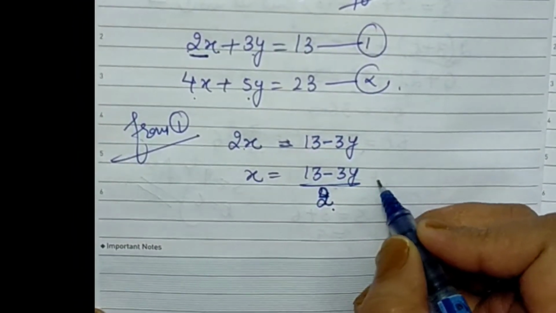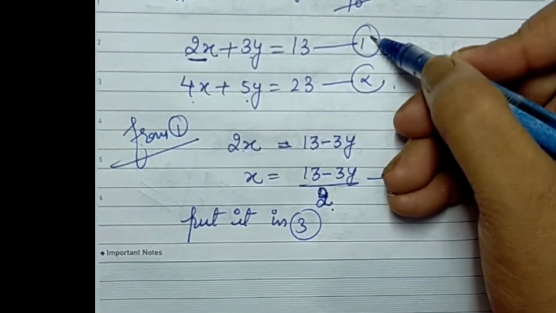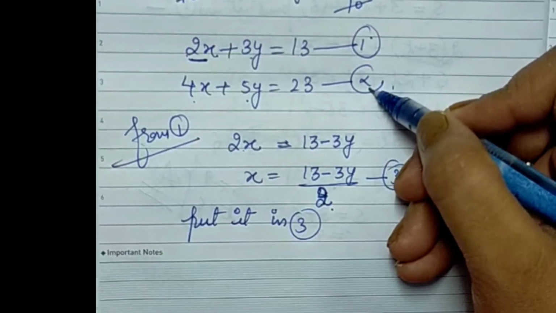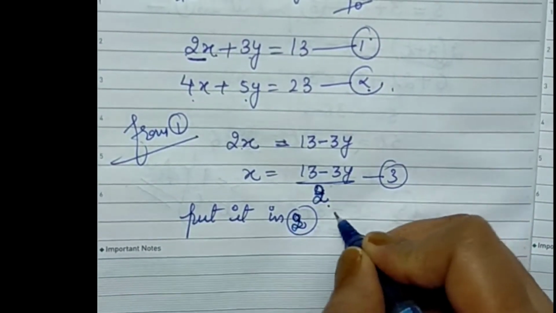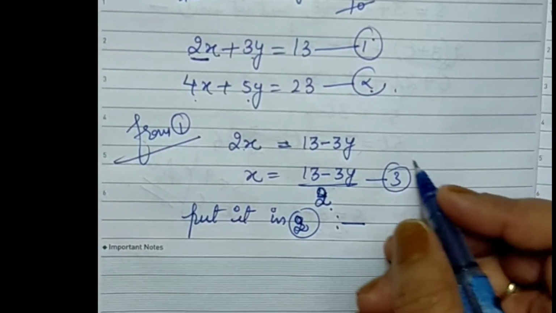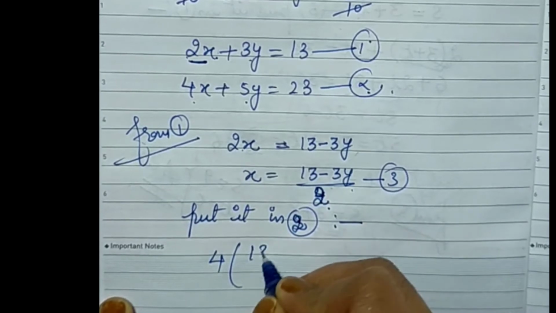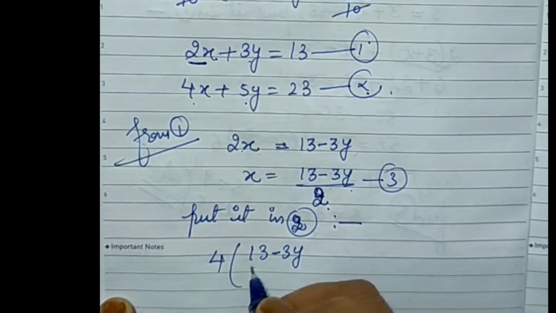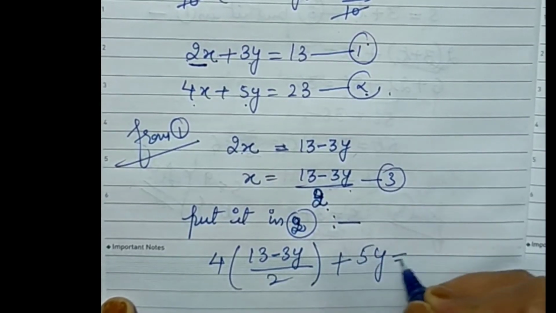So let's substitute this value in 2. We have taken it from the first, so we are going to substitute it in the second equation. So 4x, x can be written as 13 minus 3y over 2 because we have substituted it, plus 5y equal to 23.